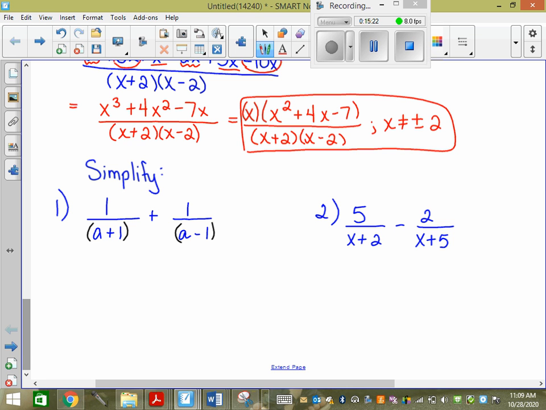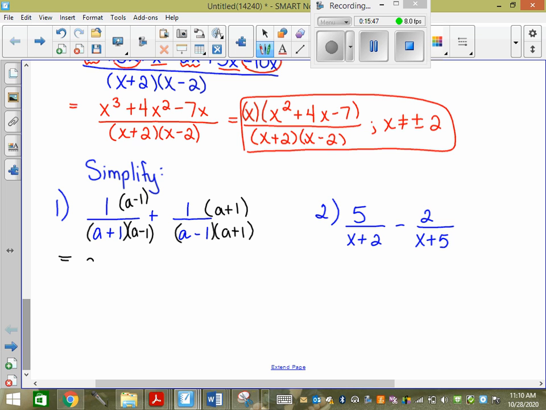You will just multiply each of them by each other. That's it. Don't fall to trying to make them be the same, because in order to make common denominators, we have to multiply. And there's nothing I can multiply both of them by, or one of them by, to make them be the other one. So I have to multiply them by each other. Okay? So I'm going to get a minus 1 here and a plus 1 here.